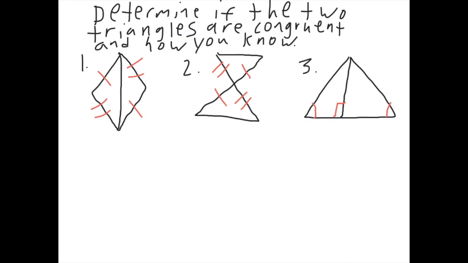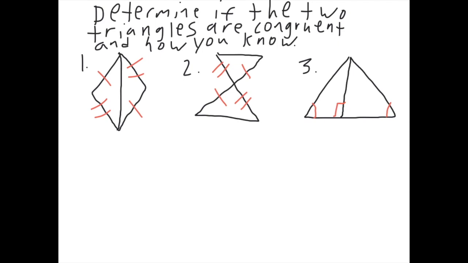Anyway, so the first one, we look and we see we have a side here, and it's congruent to this side over here. This side is congruent to this side over here. So we have 2 sides marked. But that's all they gave us.